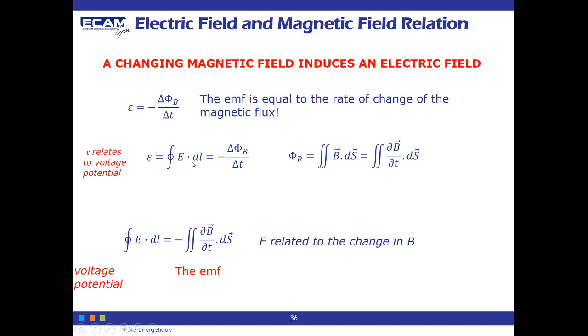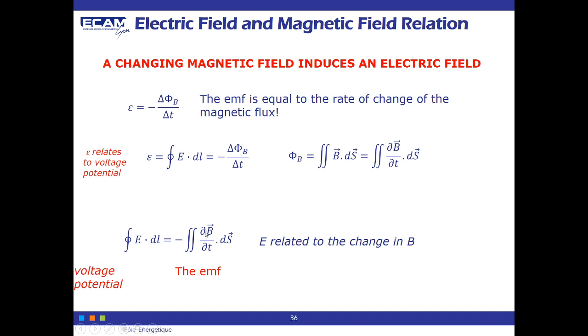So we brought that knowledge into our consideration here. And finally, we brought all the things together, and we could express the line integral, or the voltage potential, as a function of the magnetic flux density.